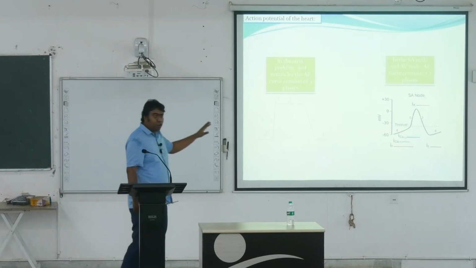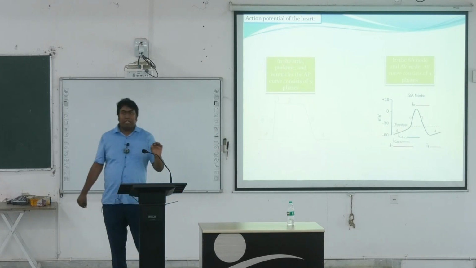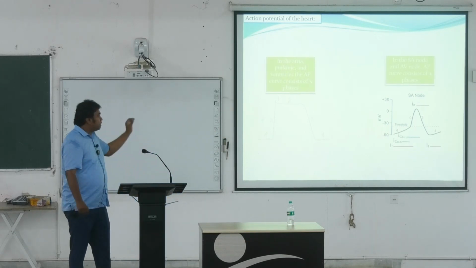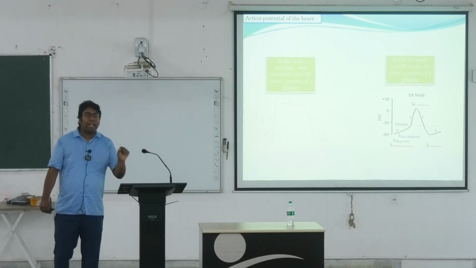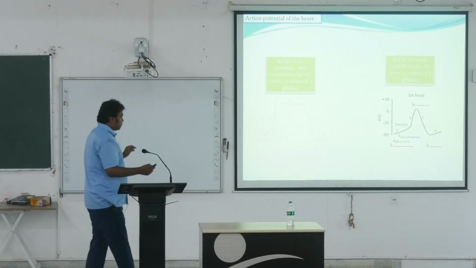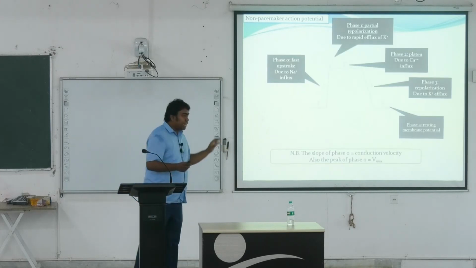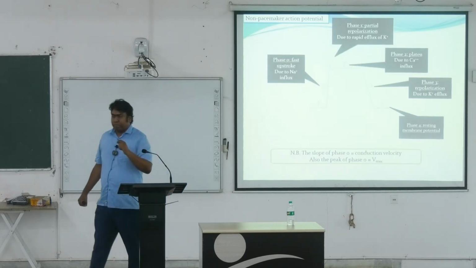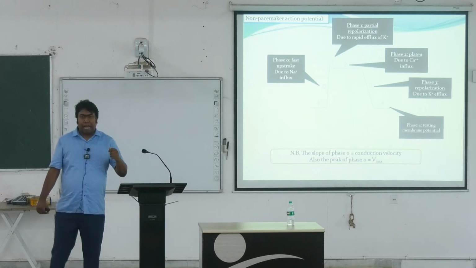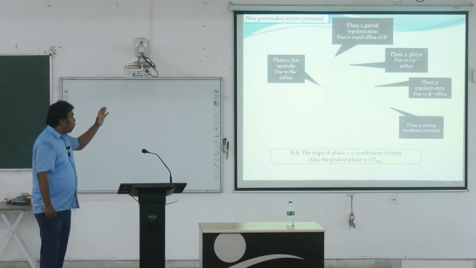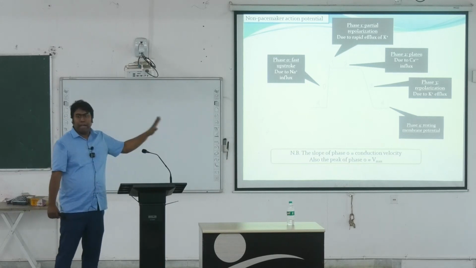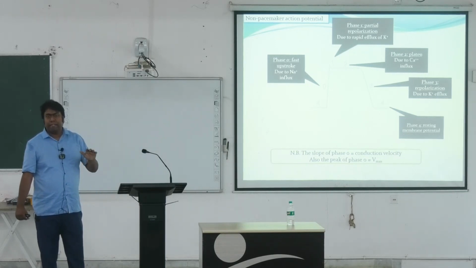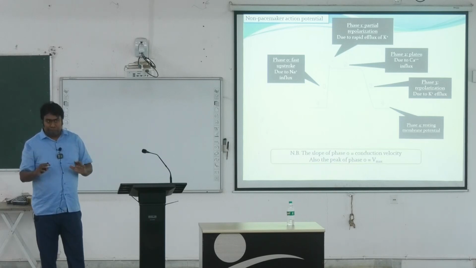Whereas in the SA node and AV node, there are only 3: 0, 3 and 4. There is no 1 and 2. So what are the different ions that produce this 0, 1, 2, 3 and 4? This is for atrium and ventricle, not for the SA node or AV node.